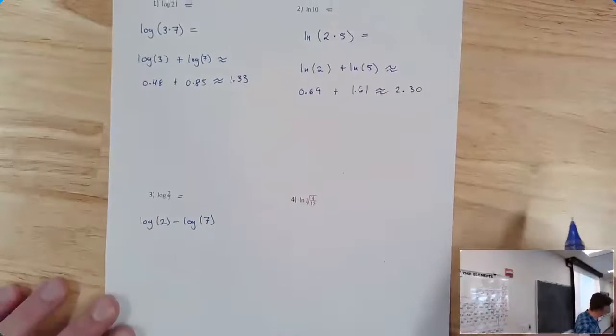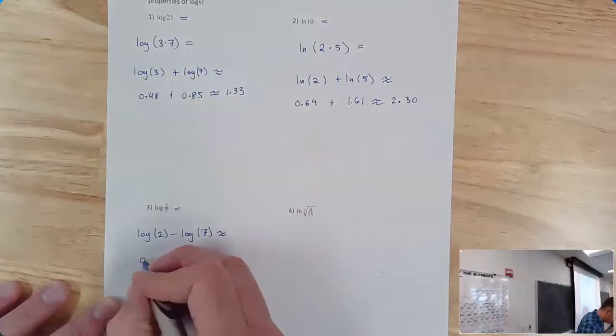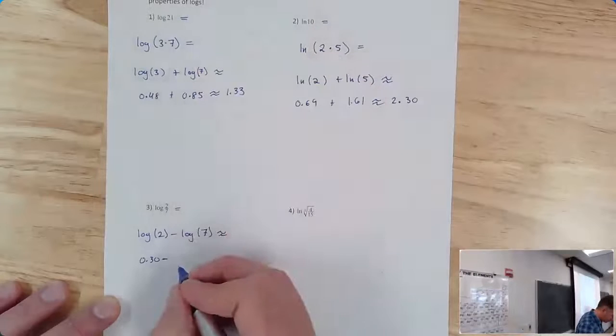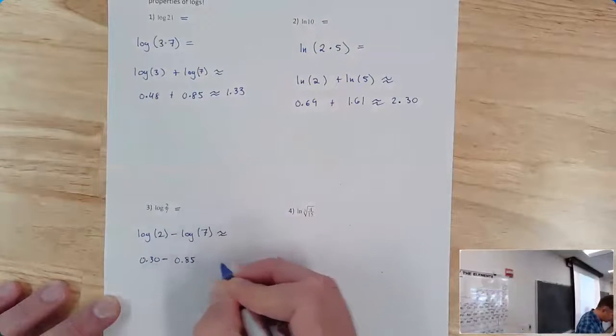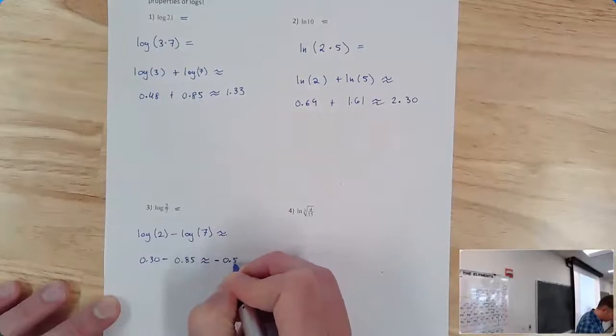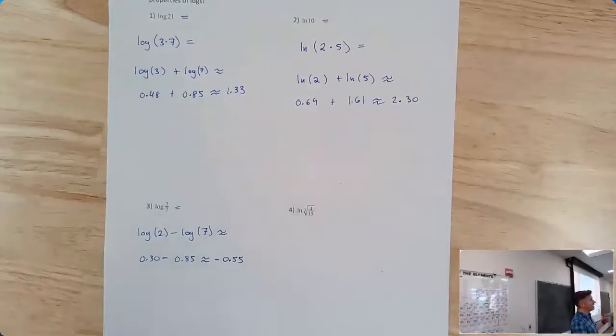Log of 2 is approximately, it's on my list here, 0.3, and the log of 7 is approximately 0.85. This is going to give us a negative number, negative 0.55, which is okay. You can't take a log of a negative number, but you can have a log equal to a negative number.